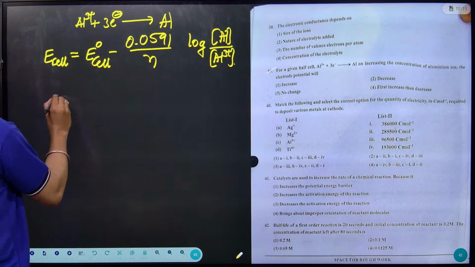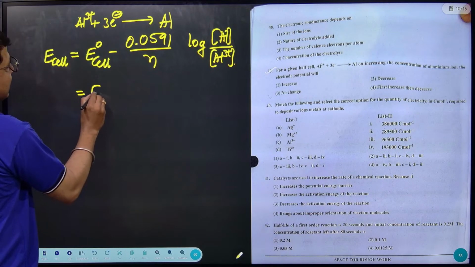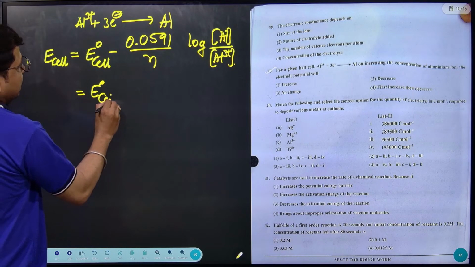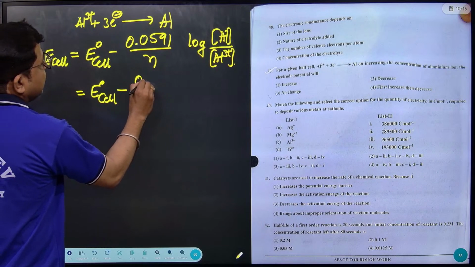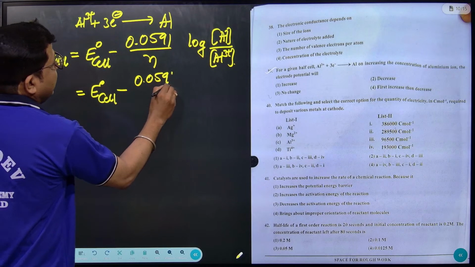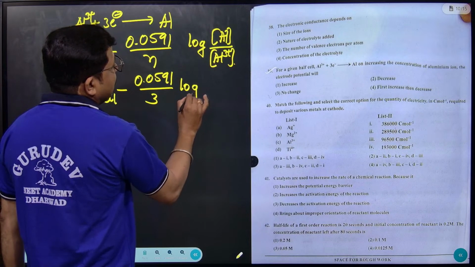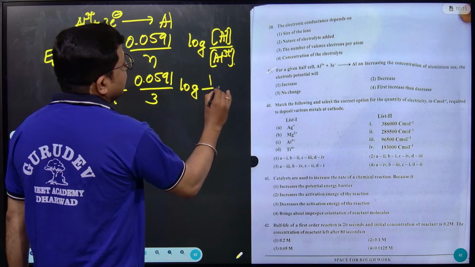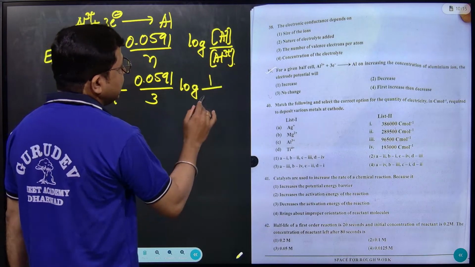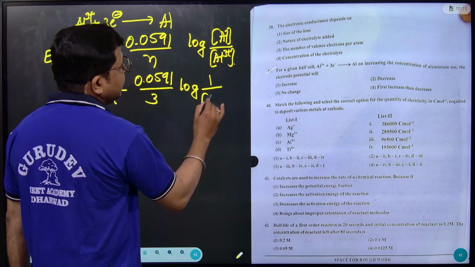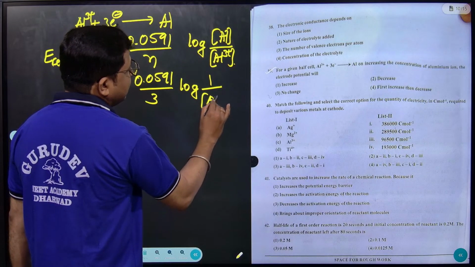Okay, now E naught cell, keep it as it is, E naught cell minus 0.0591 divided by 3 into log of, see, concentration of the metal is always unity, and the metal ion is kept as it is, Al3+.